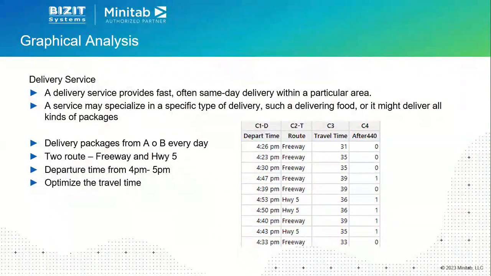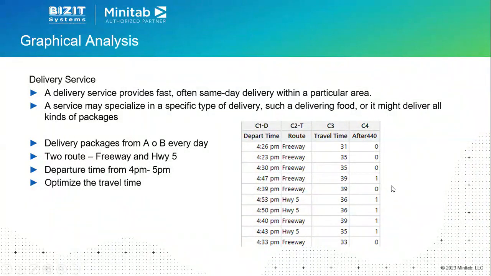So it is good for the customer, but as a service they also want to provide faster delivery within a particular area. This service may want to specialize in a specific type of delivery, such as delivered food, or a different kind of package, maybe with a standard length for each kind of delivery.